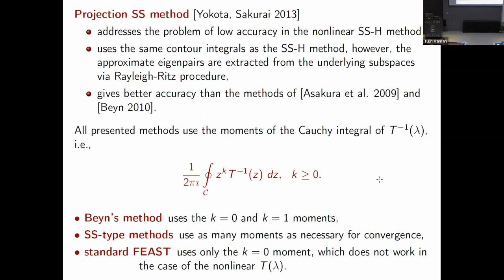It's very hard to estimate this number in advance. Standard FEAST uses only the zeroth moment, but it does not work in the case of the nonlinear T of lambda. So if we would like to use standard FEAST, take T of lambda and put in the zeroth moment, this straightforward approach will not work.